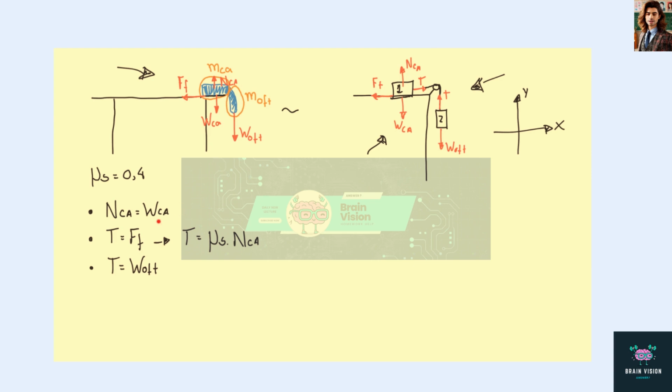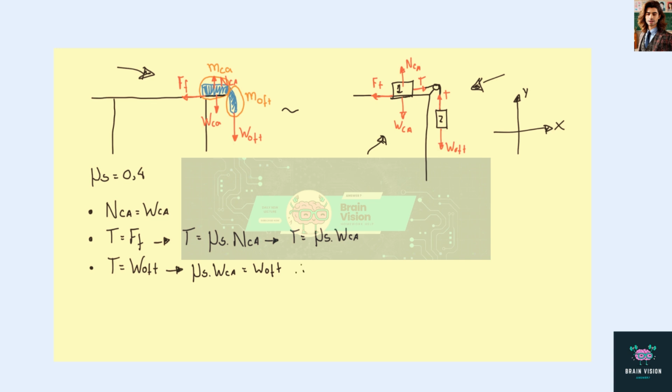But now from the first equation, we see that N_CA is equal to W_CA. Therefore, the tension force is equal to the static frictional coefficient times the weight of the washcloth that is on the table. Now, from the third equation, we get that the tension, which is equal to this, the frictional coefficient times the weight force acting on the washcloth that is on the table, is equal to the weight force that acts on the part of the washcloth that is off the table.